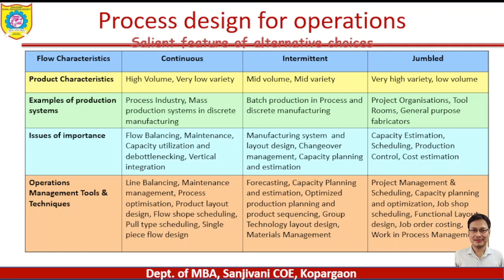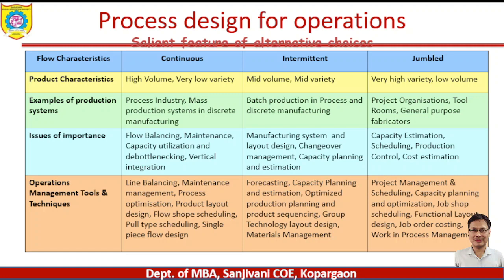Capacity utilization is the main aspect of continuous flow. As continuous flow has to be maintained, a high level of maintenance of the equipment, machines and resources is a must. And many times it is more advantageous to vertically integrate the supply chain in the flow of material in case of continuous operations in the process industry.